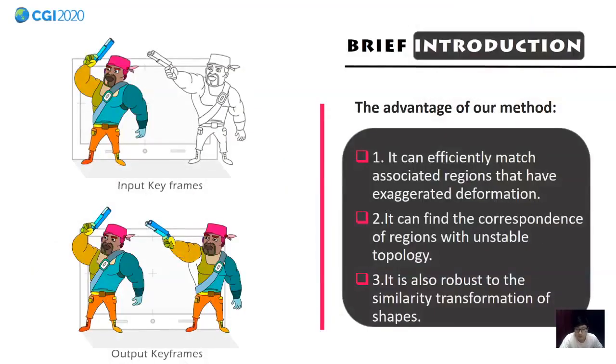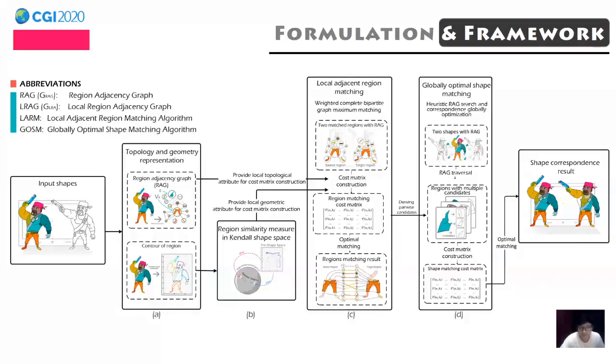Our method can efficiently find the correspondence of regions with exaggerated deformation and unstable topology. Besides, it is also robust to the similarity transformation of shapes.